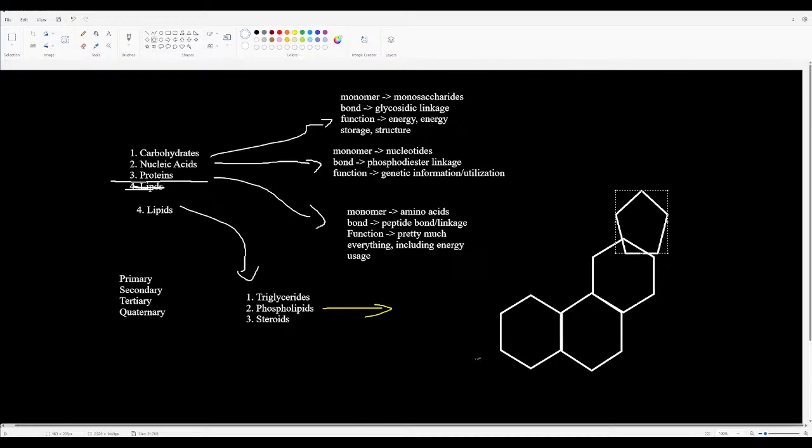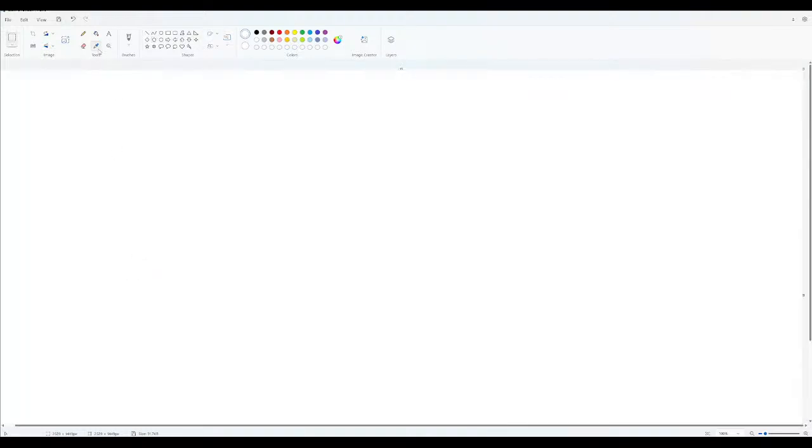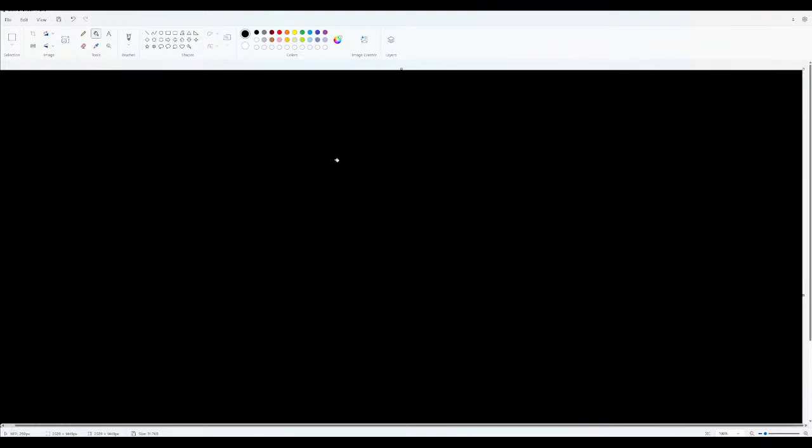Yeah, insulin would be a protein. Estrogen would be an example of a steroid, right? So it's also important that you need to know the general structure of a steroid. Just the fact that it is a lipid, it's still a lipid because all of these rings are hydrocarbons, and they're hydrocarbon heavy, and they're all hydrophobic, meaning that they are going to fall under that lipid category. So, sorry for the flashbang.